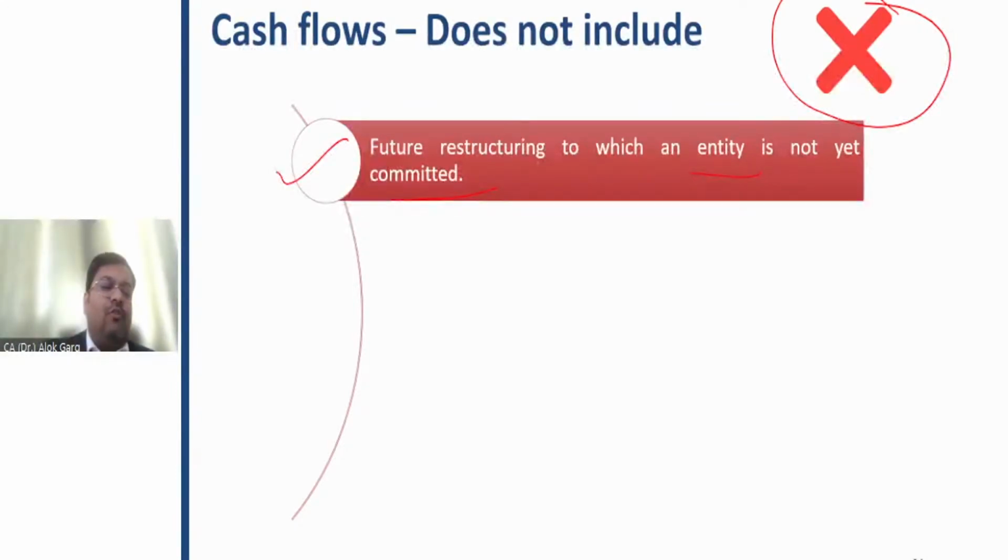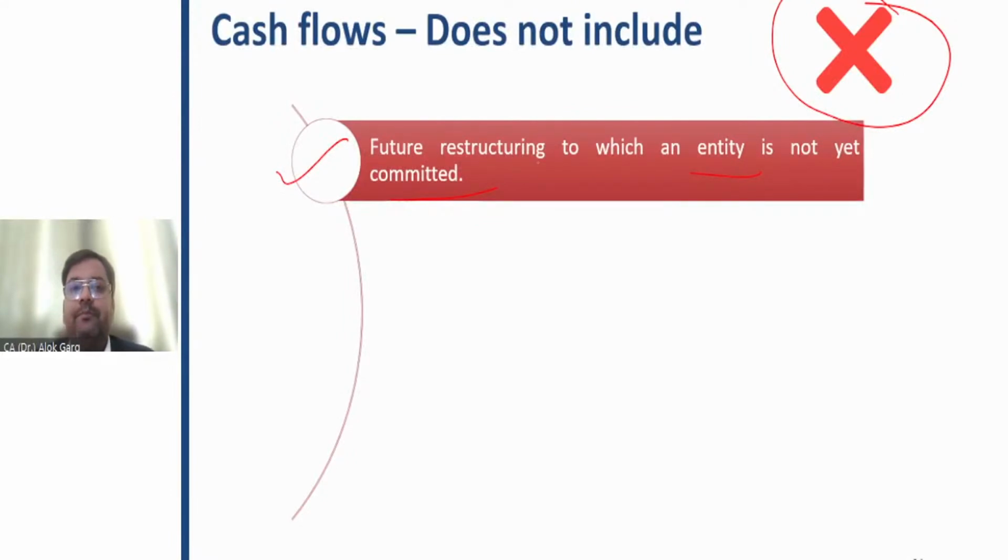So guys, why has the standard given so many restrictions and so much clarity? Because it is a subjective thing, right? You are checking impairment, you are estimating your value in use, and value in use is an internal thing. Fair value is market driven, but value in use is internal.